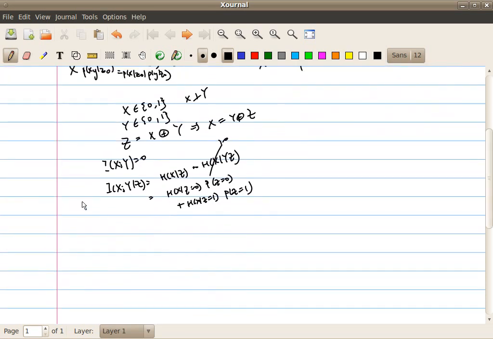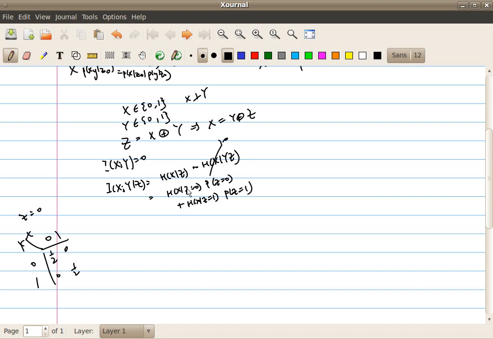Now if I look at the probability distribution, when Z equals 0, X and Y can take 0 and 1. If I know Z has to be 0, then X and Y can either be both zeros or both ones. So the probability distribution will be 1/2 here, 1/2 here, and 0 here.